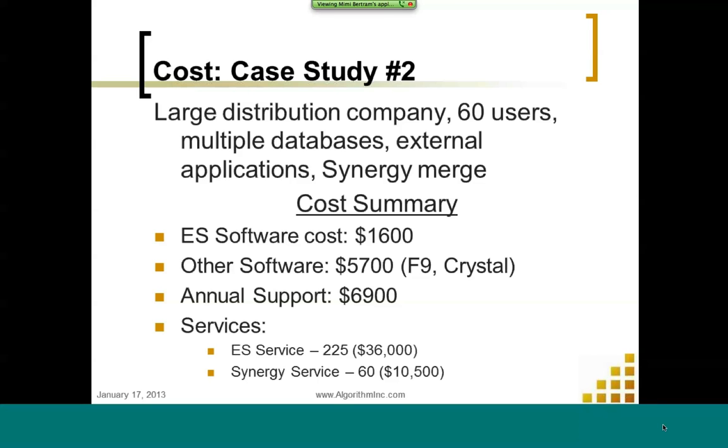So their software cost was only $16. They had to upgrade F9, they had to upgrade Crystal, $5,700. There were a couple other things in there they had to do. Their annual support is $6,900. So you'll notice their ES services was 225 hours, and their database merge and Synergy, 60 hours. So it took quite a long time.